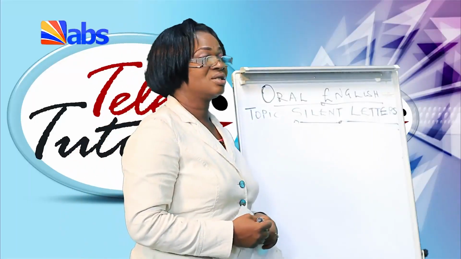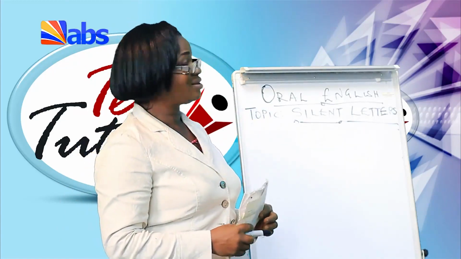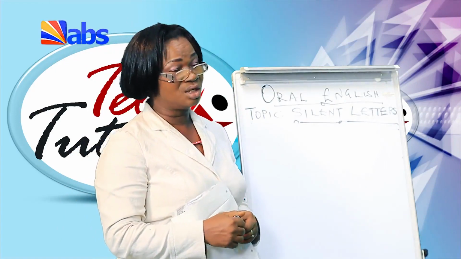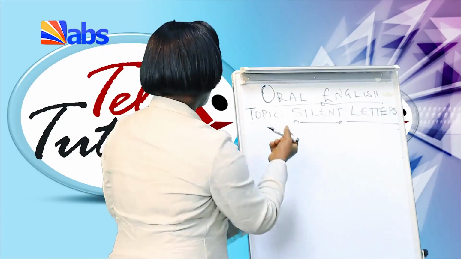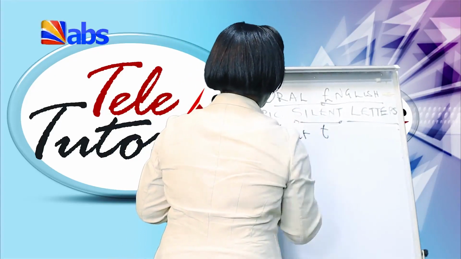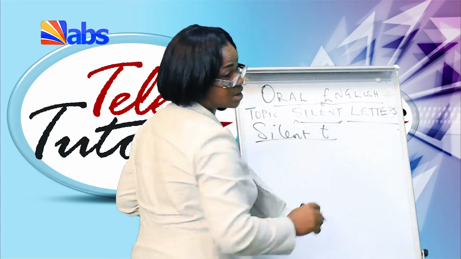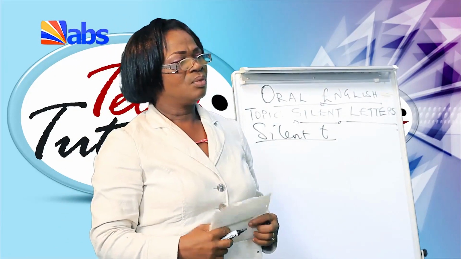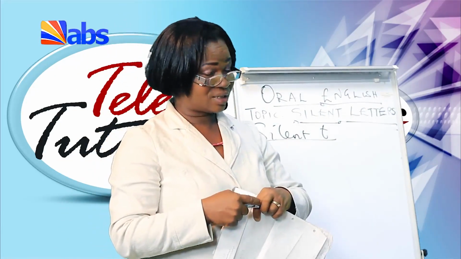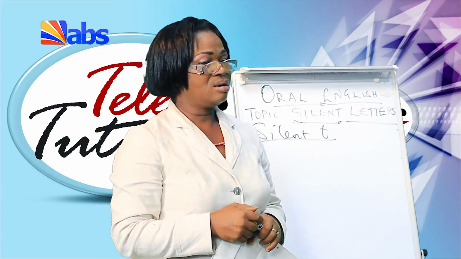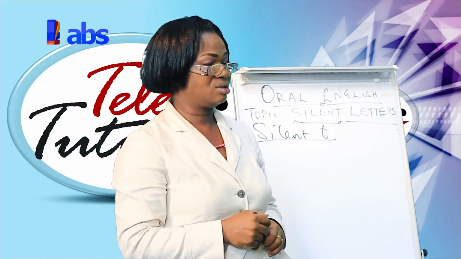Welcome back, students. We continue with our topic, silent letters, and we continue with the silent T. Like I said, there are some letters in the English language that appear in words but are not pronounced.